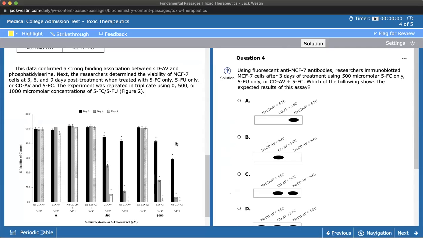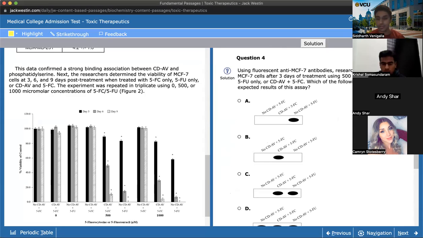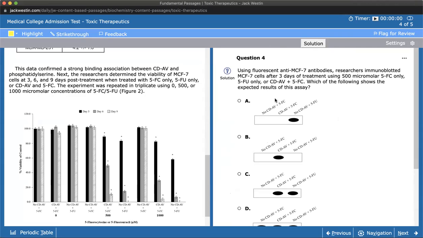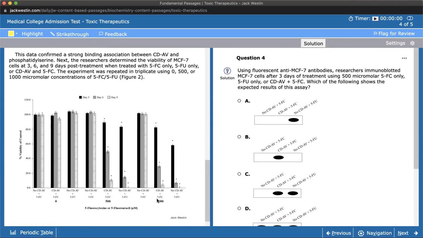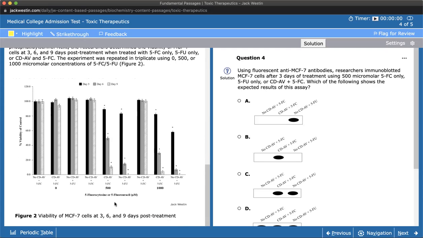Basically, what did we say? Bands are going to show up if the cells are viable. So what are we looking at? It says MCF cells after 3 days of treatment using 500 micromolar. So which one is 500 micromolar? We have 0, 500, 1000. The one in the middle.